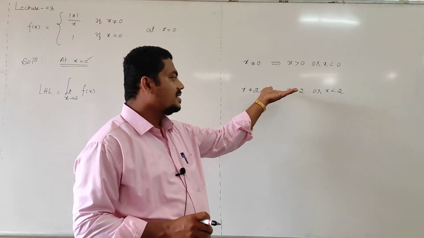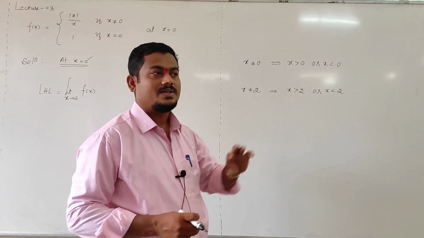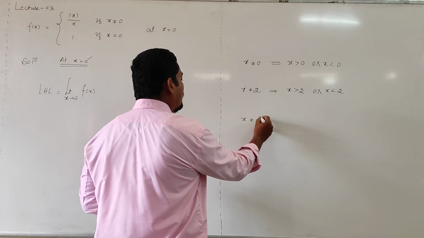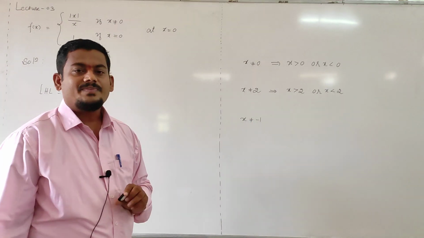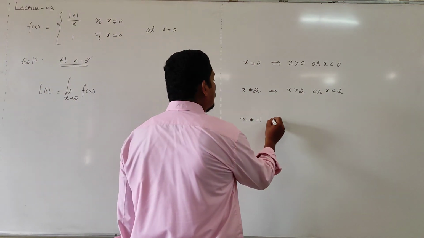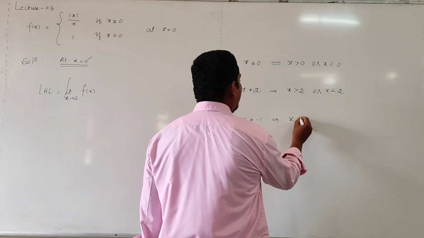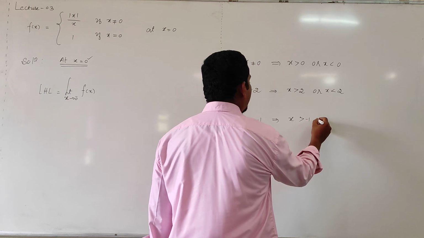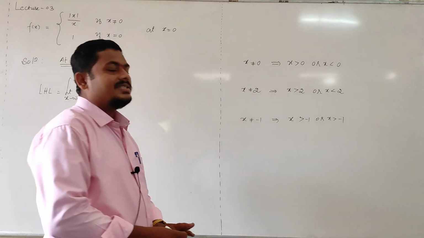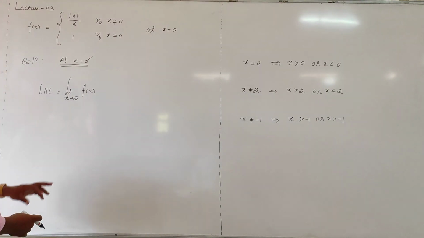Similarly, for any number, if I write x not equal to minus 1, it means x value may be more than minus 1 or less than minus 1. That is the meaning of not equal to.